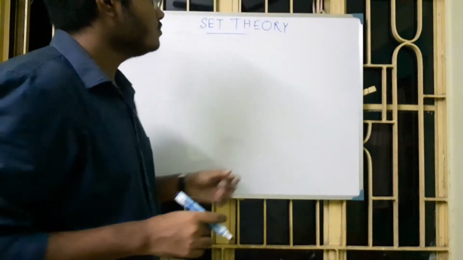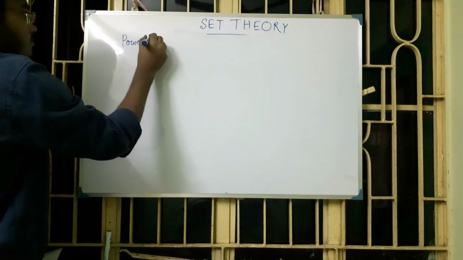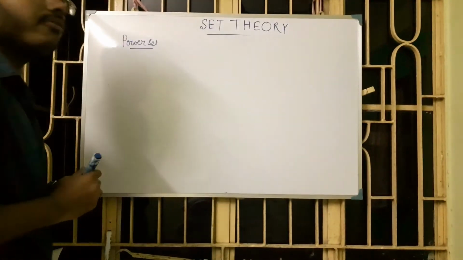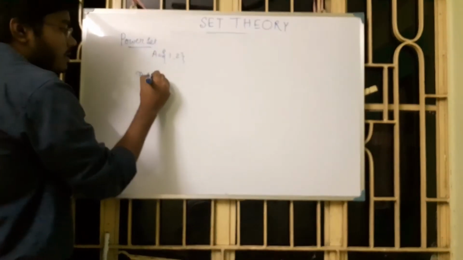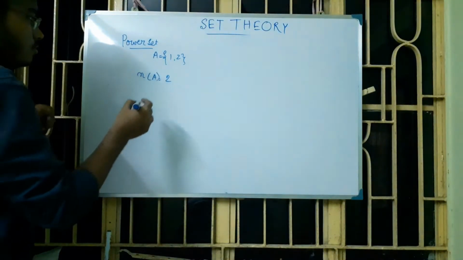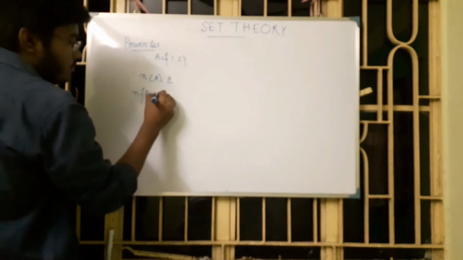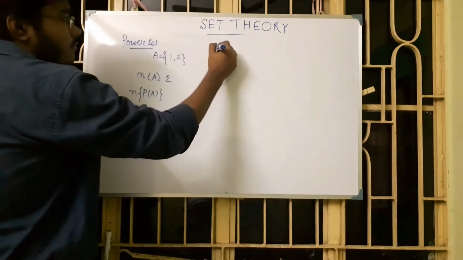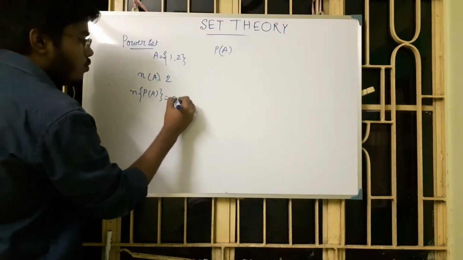Now we will learn about the power set. What is a power set? Let's say a set A is {1, 2}. The number of elements in set A is 2. Then the number of elements in the power set of A, defined as P(A), is 2 to the power m.